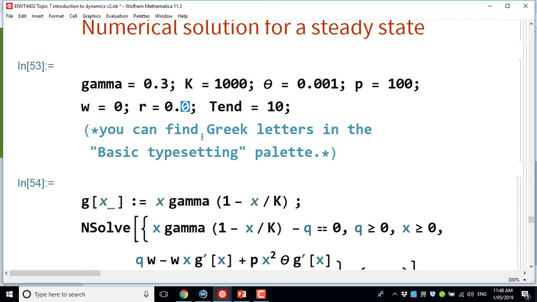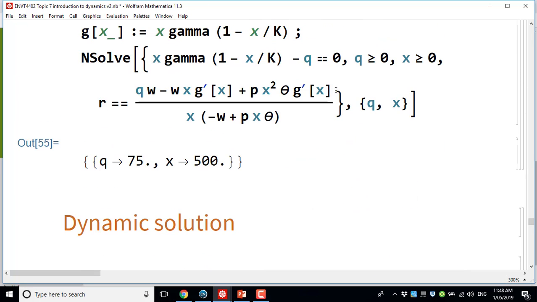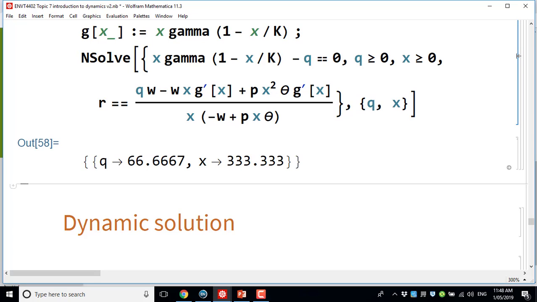If we increase the discount rate to say 10% and reevaluate, then you see that the catch and the stock have gone down. So if you increase the discount rate, then you tend to get the stock and the catch coming down.